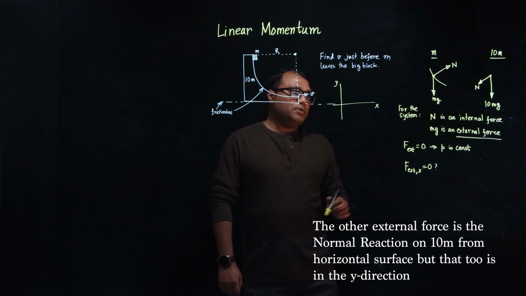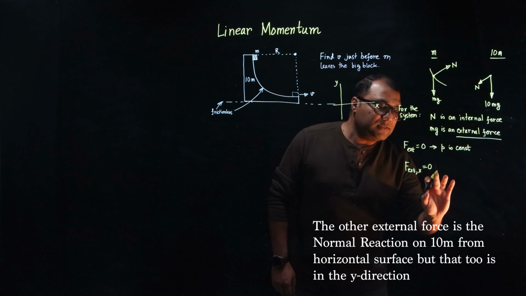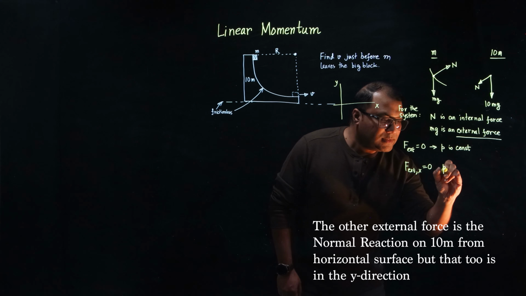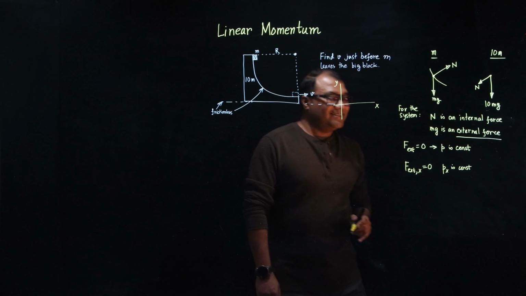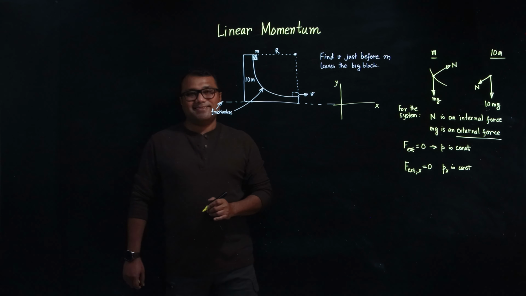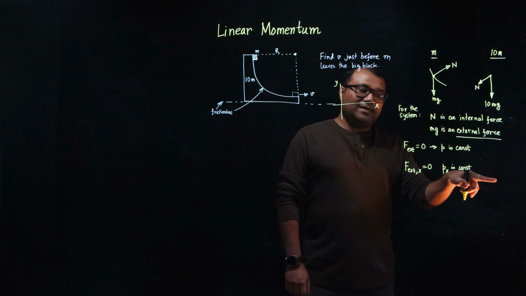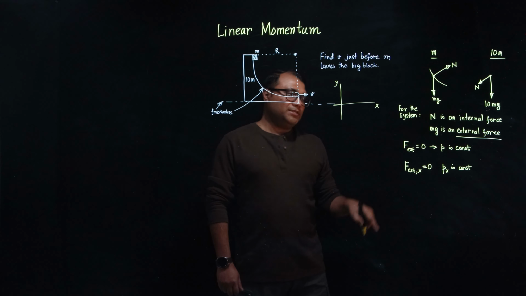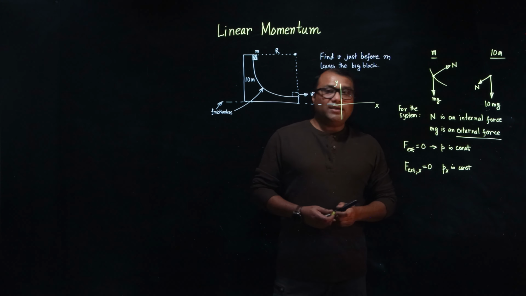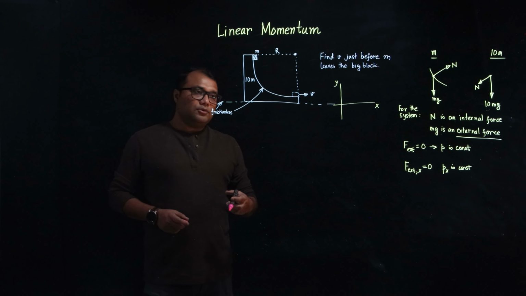Yes, it is, because mg is acting in the y direction. So if it is 0, then we can say px is constant. So momentum in the x direction is conserved. Not necessarily in the y direction, but in the x direction it's conserved. So we can use that. Let's do that.